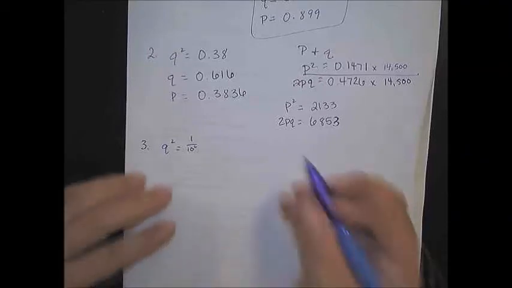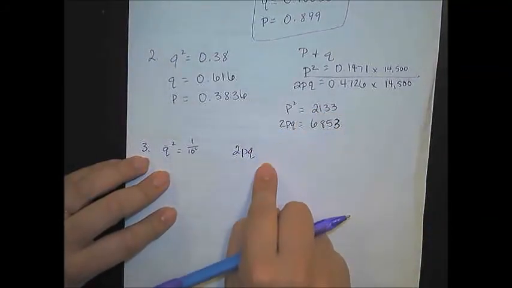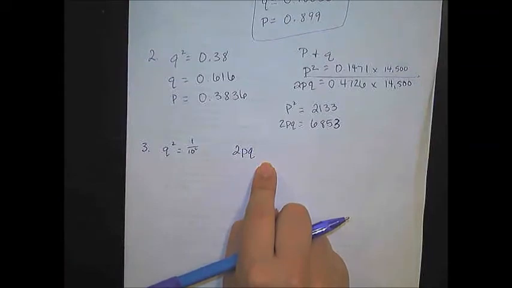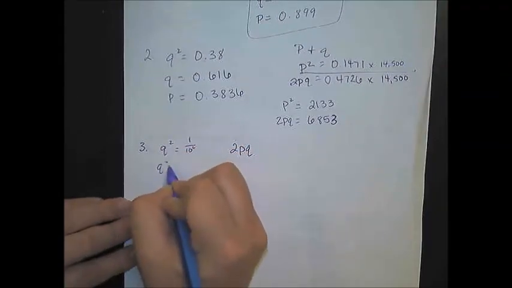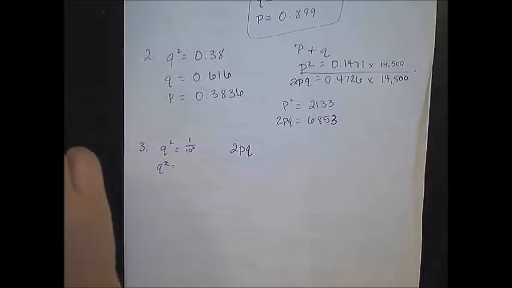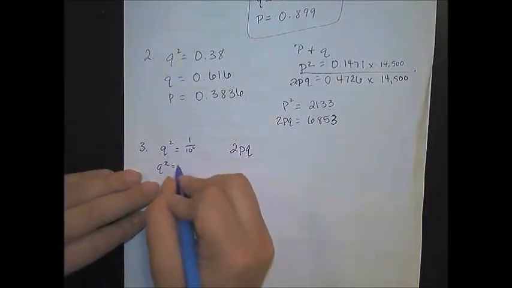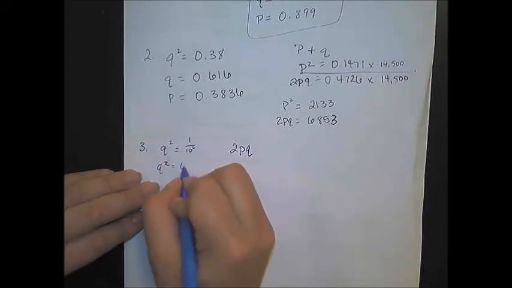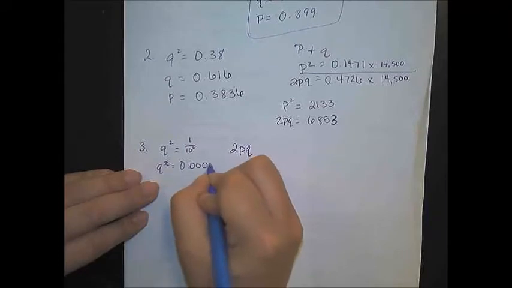So since they're carriers, we are looking for the heterozygotes, and we're not looking for the frequency of the heterozygotes. When we get this answer, we're going to multiply it by 14,000 to see how many individuals. So first we need to calculate the frequency of the recessive allele, by getting the square root of q squared.